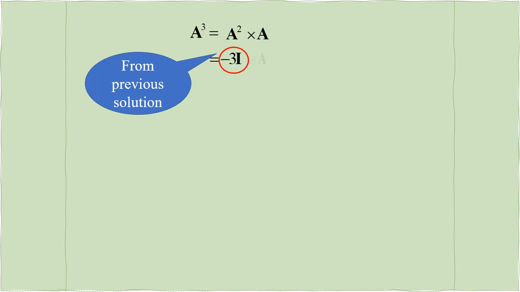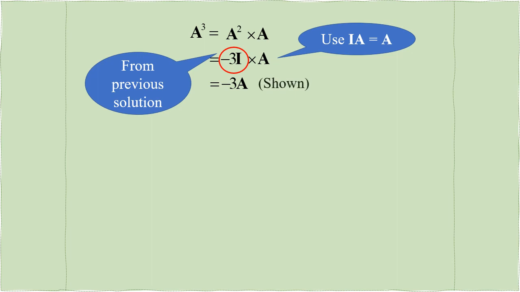So negative 3I multiplied by A, we get negative 3A by the use of properties. So we have shown the second statement. Okay, next question, they ask you hence find the A inverse and A to the power 4.